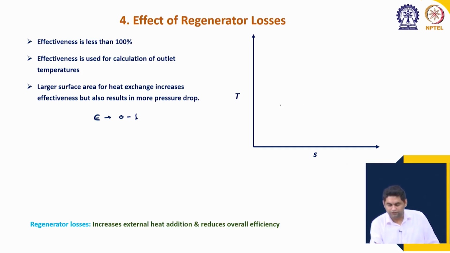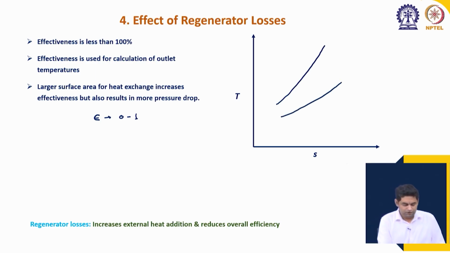I will ignore the pressure losses now to keep the diagram simple. In these cases, 1 to 2 is the actual compressor process, then 2 to 5 and 5 to 3 together will be the regenerator air side plus the combustion process. This is 4.